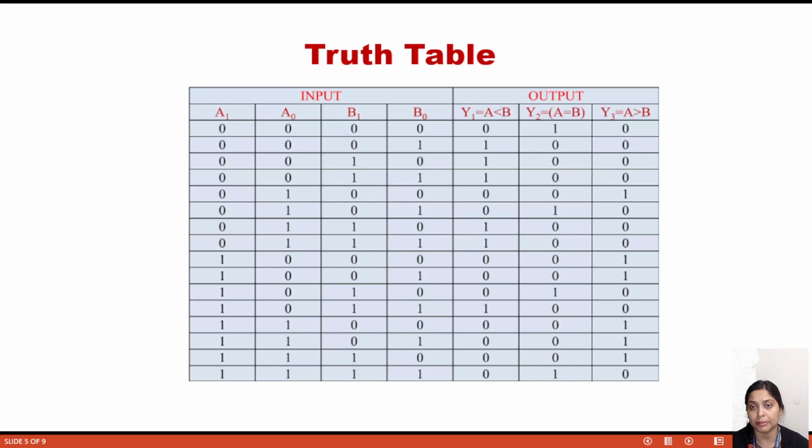It starts at 0 0 0 0 and ends at 1 1 1 1.